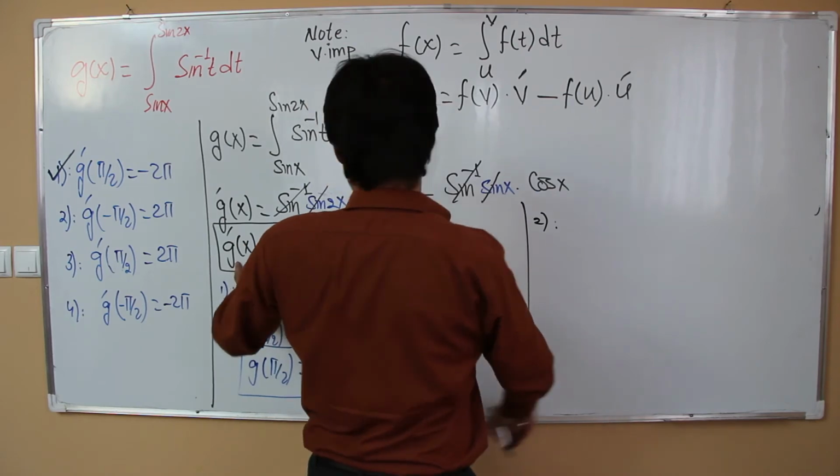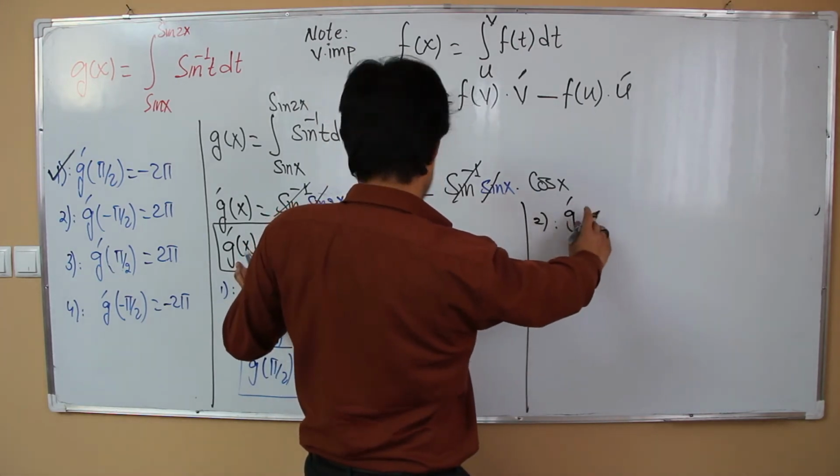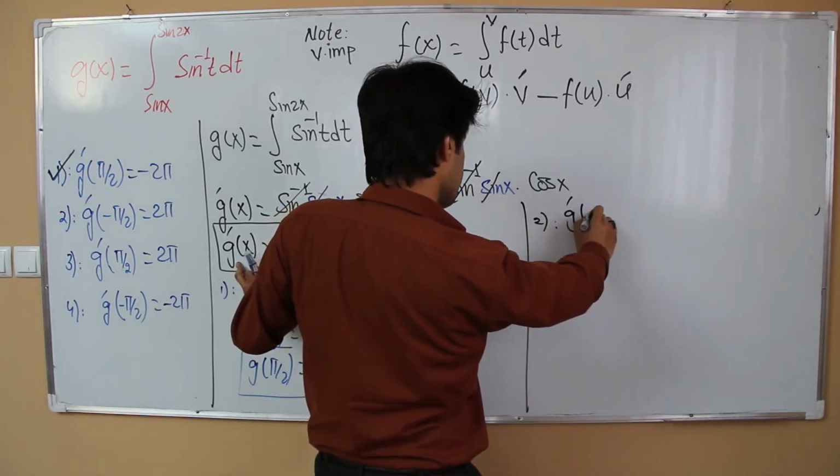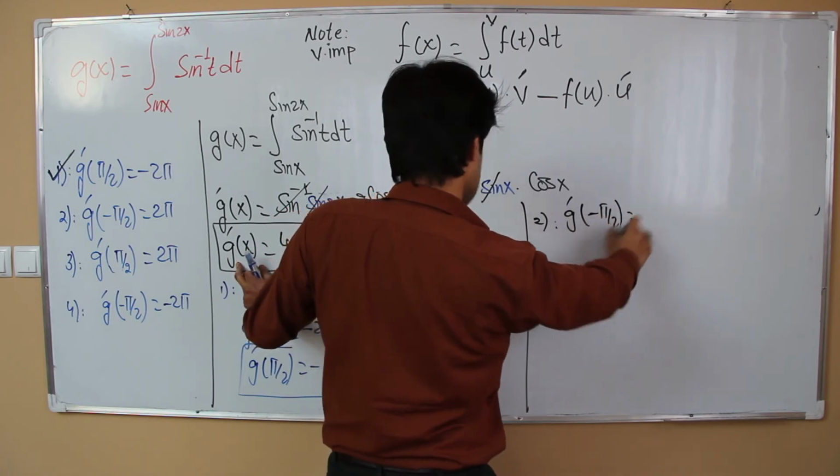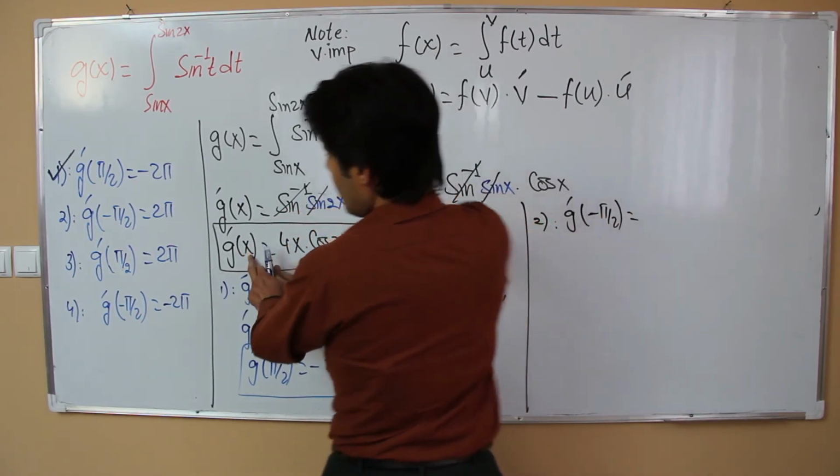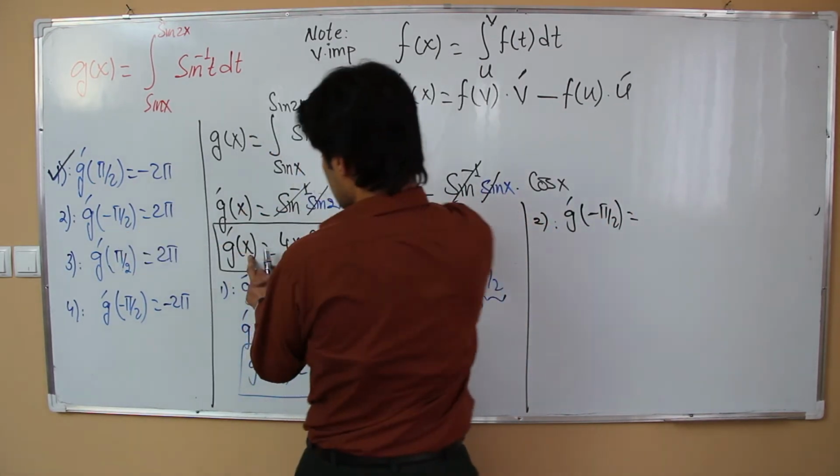Now, instead of g prime pi minus pi divided by 2, instead of x, you have to put minus pi divided by 2.